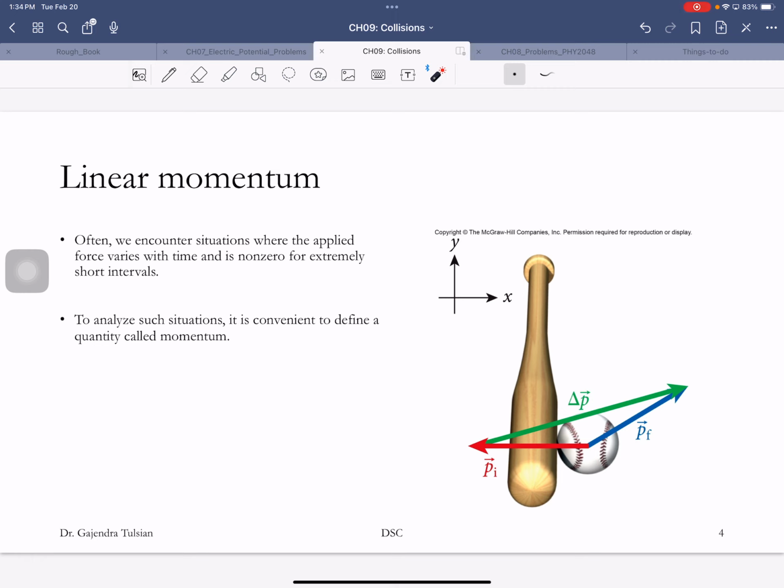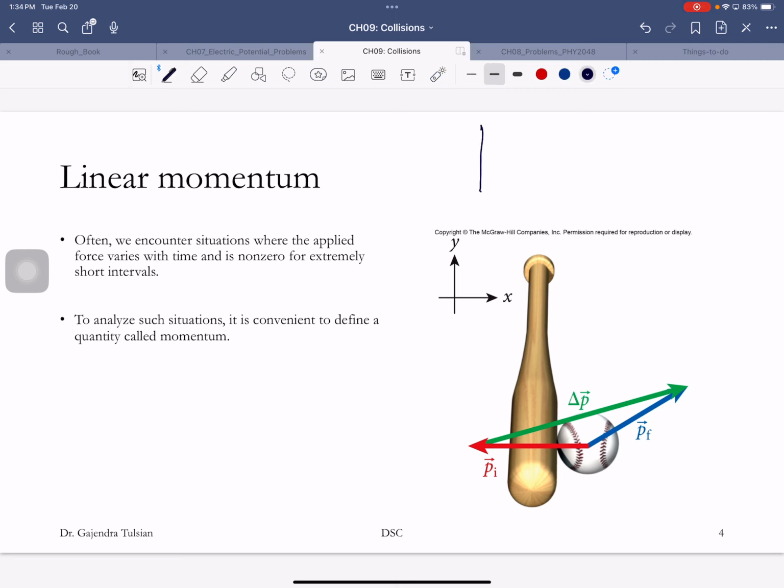So, linear momentum. Here's a situation where Newton's laws alone are not enough to solve the problem. When the bat hits the ball, the force is not constant, and it changes very fast.